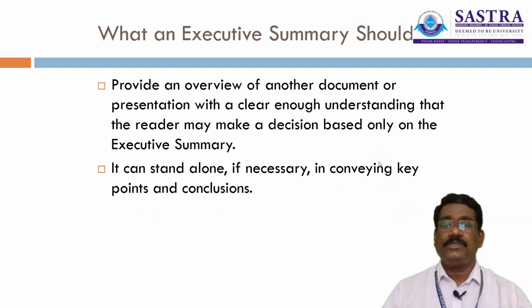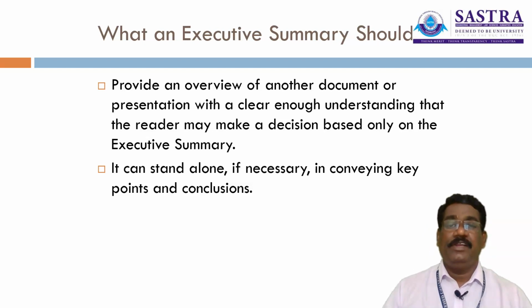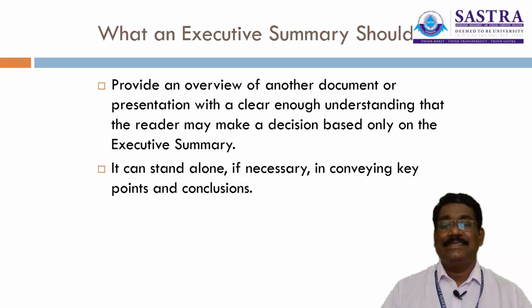An executive summary should also provide an overview of another document or presentation with a clear enough understanding that the reader may make a decision based only on the executive summary. You should get the gist of the 5 chapters in a research report. It can stand alone if necessary in conveying key points and conclusions. That is very helpful for decision making.